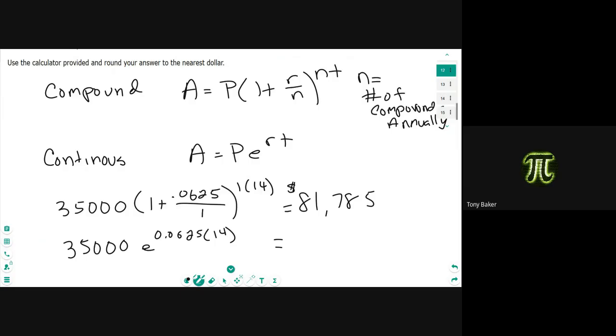And you'd have $83,961. So a couple $1,000s more to compound continuously.